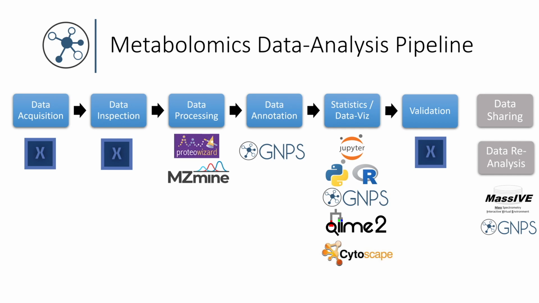Then I use a mixture of different statistical scripts and also software tools to prioritize features of interest, and then visualize them, for example, in Cytoscape, before I go back to vendor software to inspect the raw data again and check how the actual data look. Then the data sharing happens through MassIVE and also the GNPS environment.